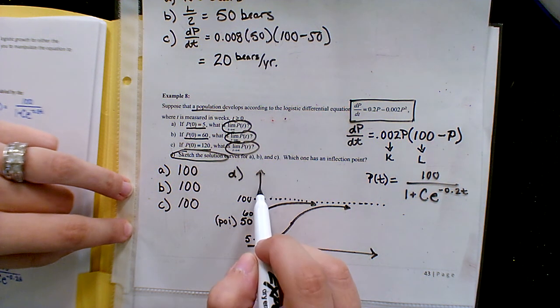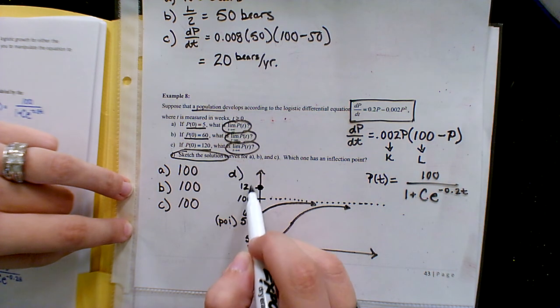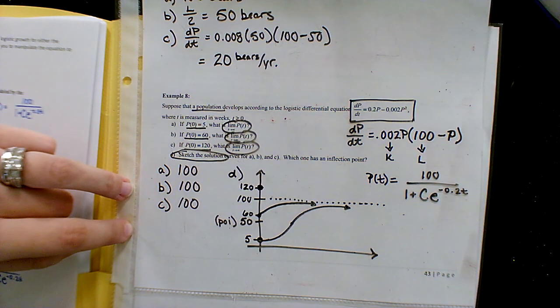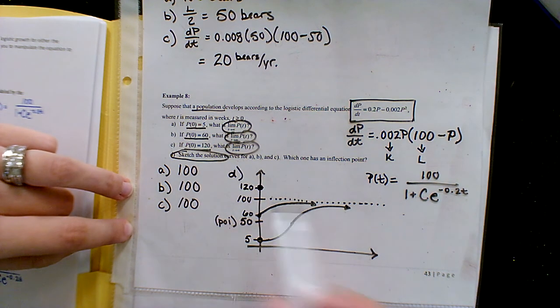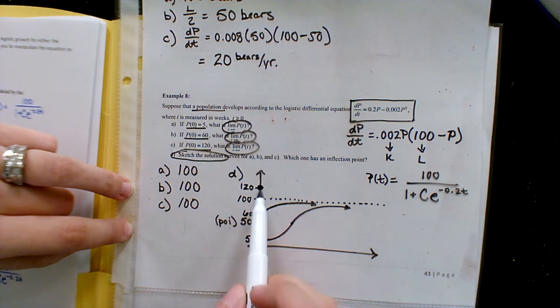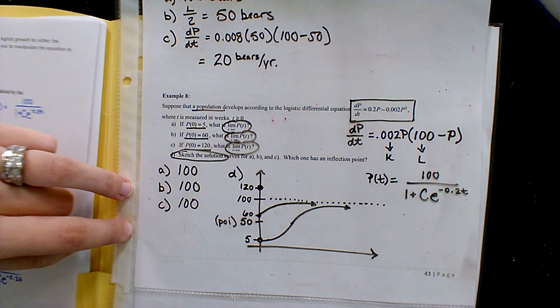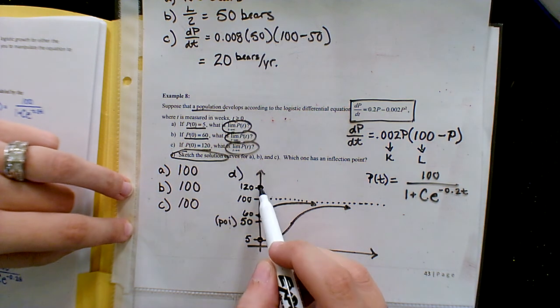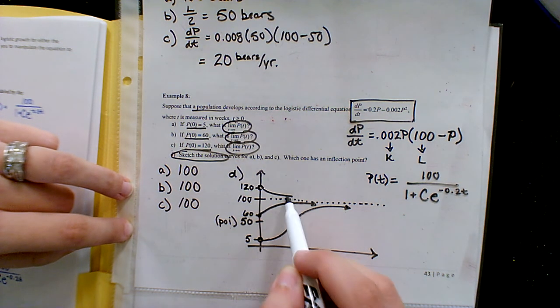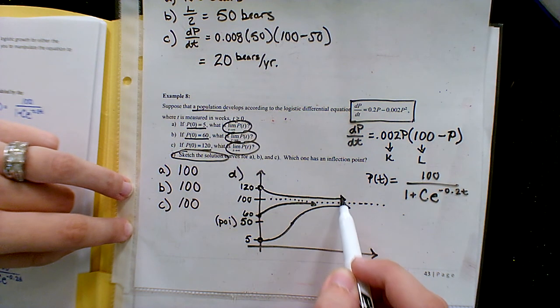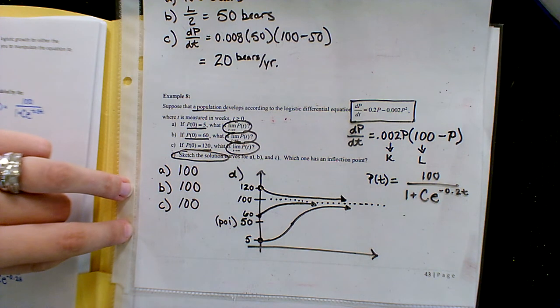Let's say we had an initial population higher than the carrying capacity. That means we're losing population, right? We're essentially not going to go less than 100. So what might the graph look like if we start there? Concave up, graph approaches 100. There we go, concave up, but we are decreasing, approaching 100. Good.